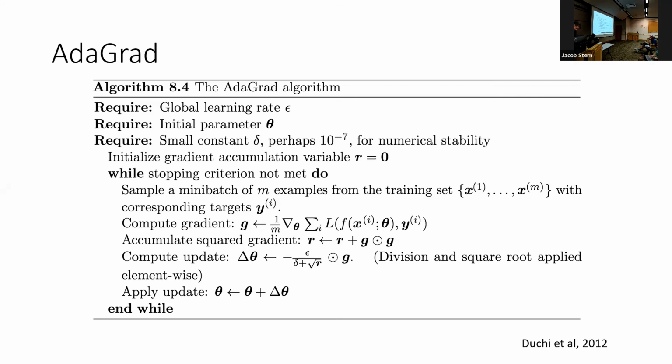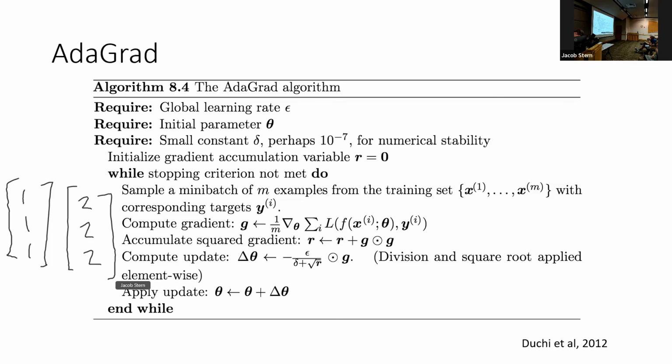Let's take a couple of example gradient updates. Let's say step 1, it's 1, 1, 1. Step 2, it is 2, 2, 2. Step 3, it is 3, 0, 0. Step 4, it is 5, 0, 0.